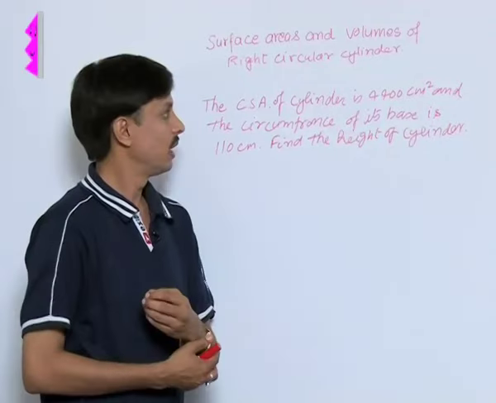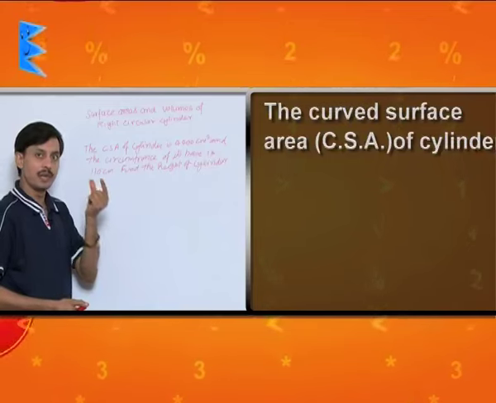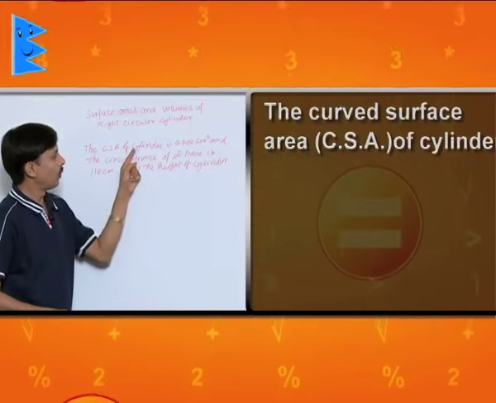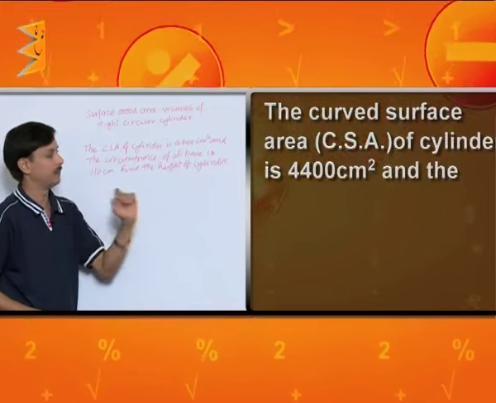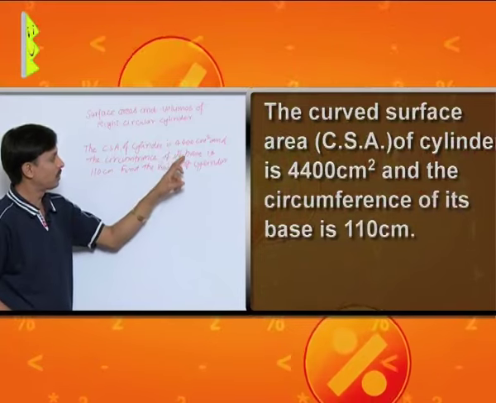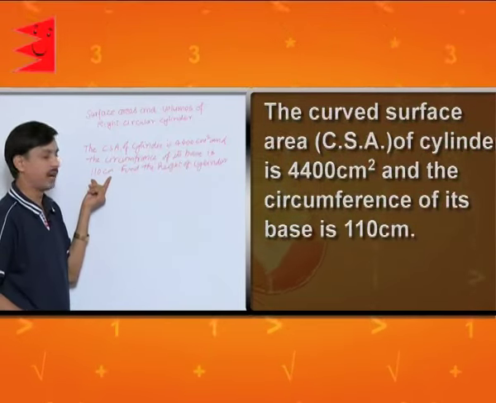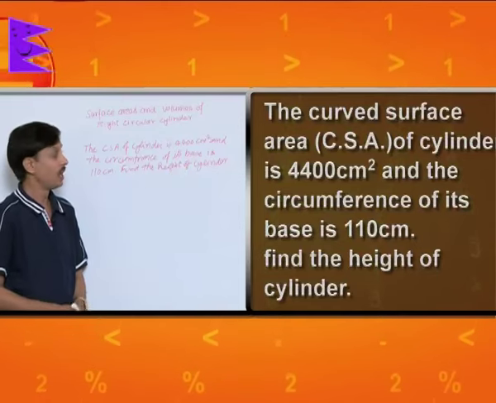Now the next example. The curved surface area, CSA, of a cylinder is 4400 centimeter square and the circumference of its base is 110 centimeter. Find the height of the cylinder.